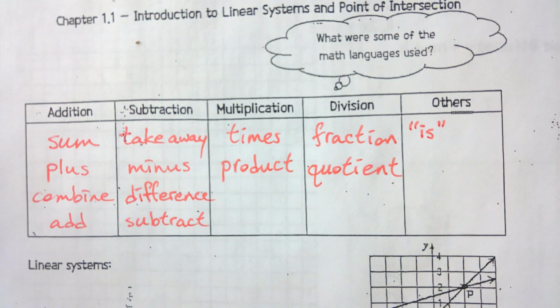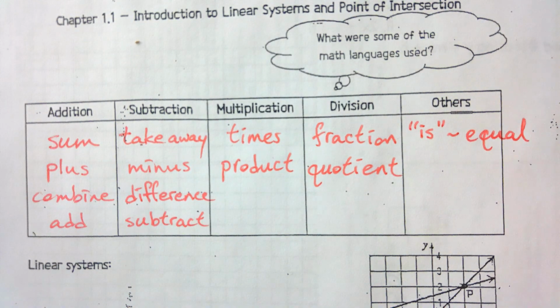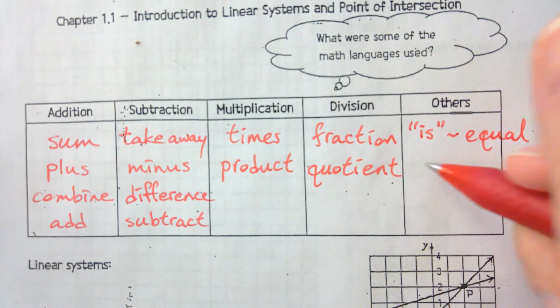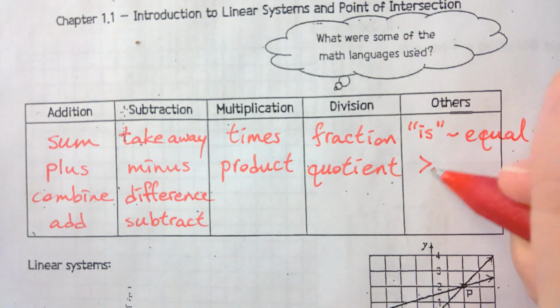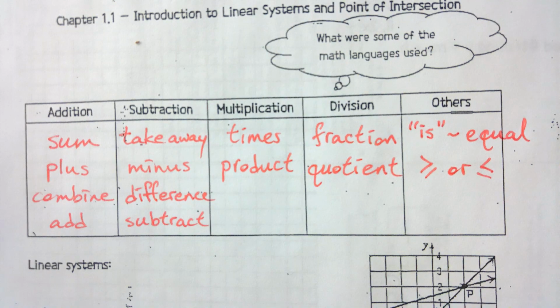William, what is equal, right? So is means equal. Okay, we also have the greater than or less than. These words right here will help you build the equation.